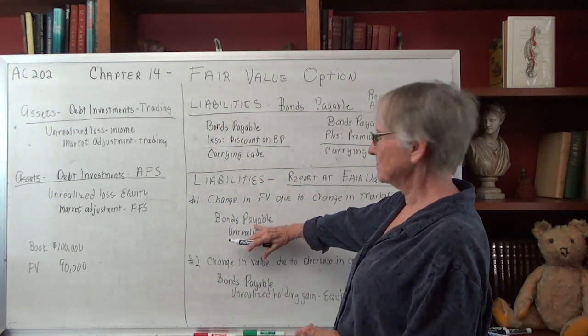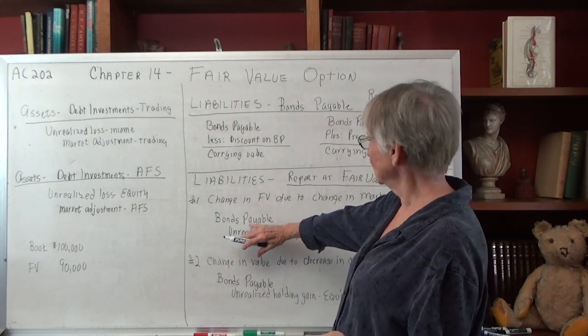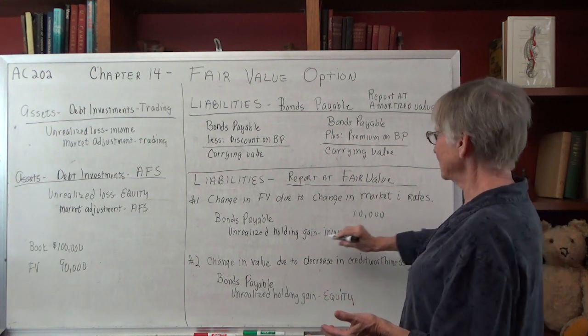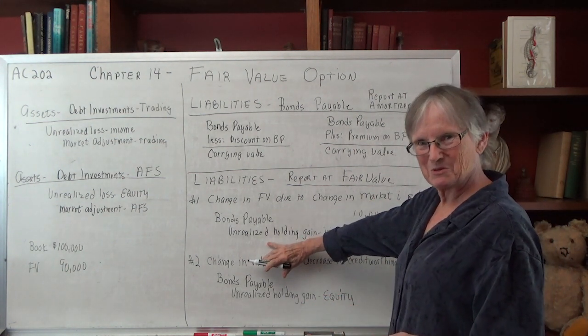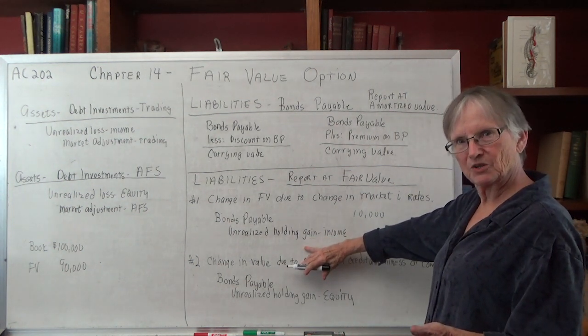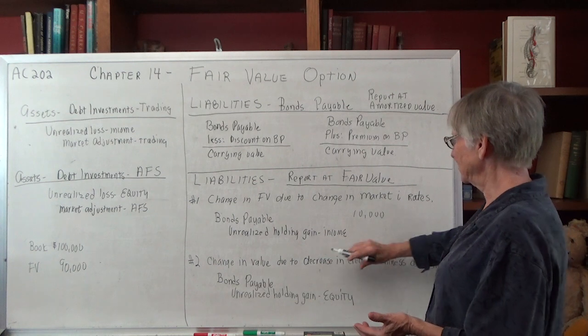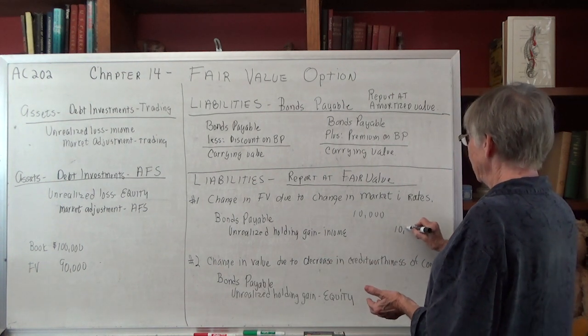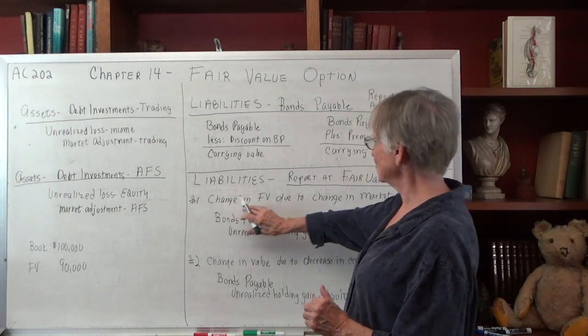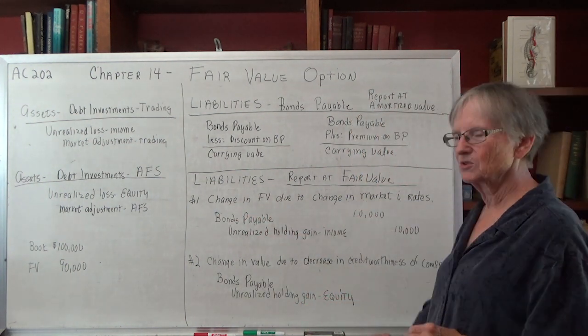Since it's a credit balance account, to get it to 90, we're going to be debiting our bonds payable that 10,000, right? And look at this: we've got a decrease in the value of the bonds payable and we're recognizing an unrealized holding gain in income.